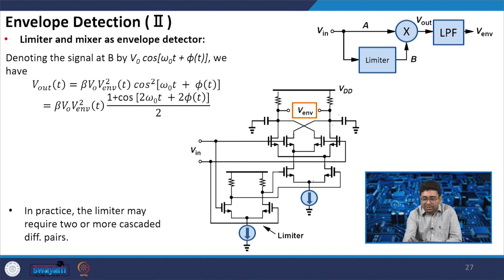When the limiter is applied, and VA and VB are multiplied, you will get the envelope output. That also needs a low pass filter. So, a limiter and mixer can also be combined and used as an envelope detector. In practice the limiter may require 2 or more cascaded differential pairs.